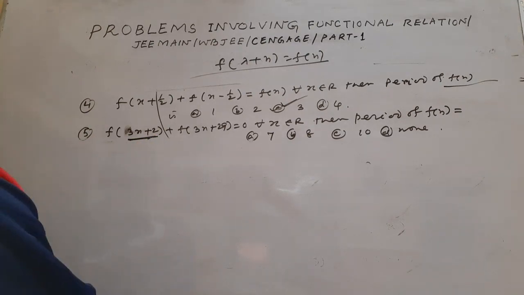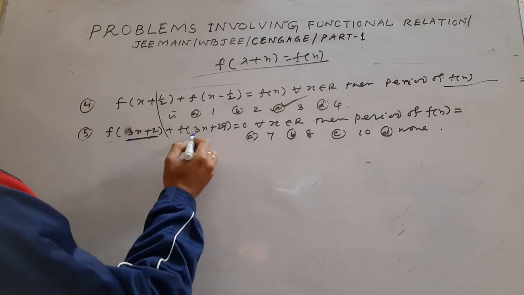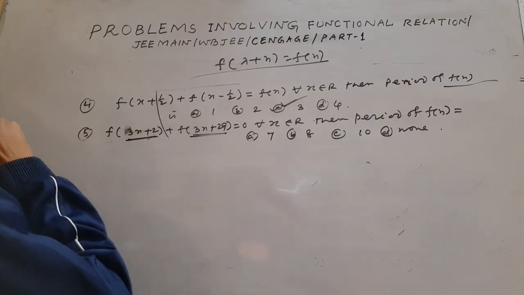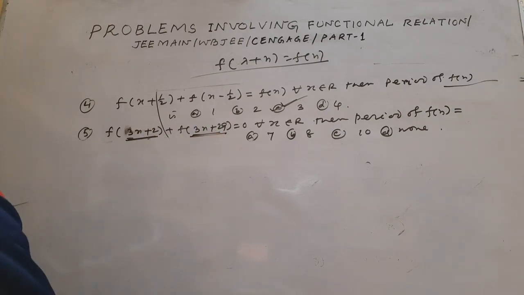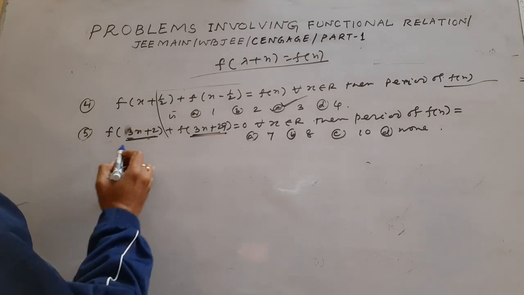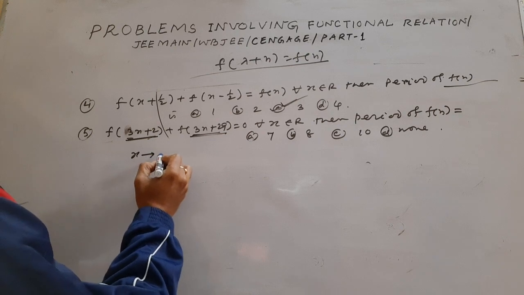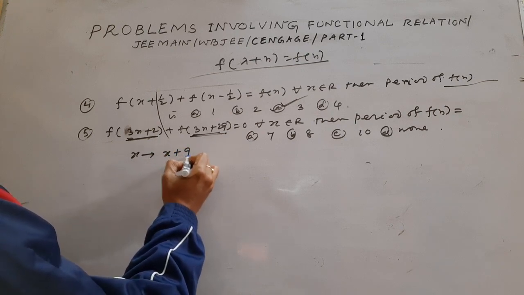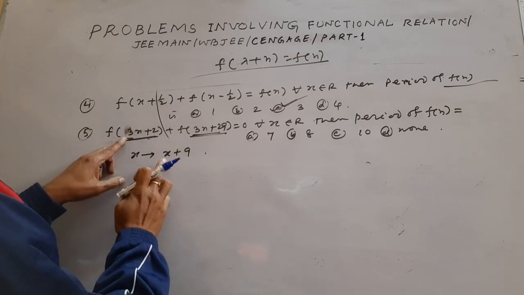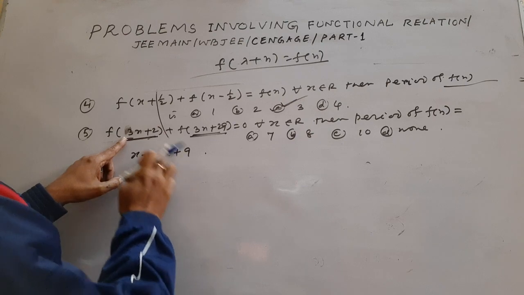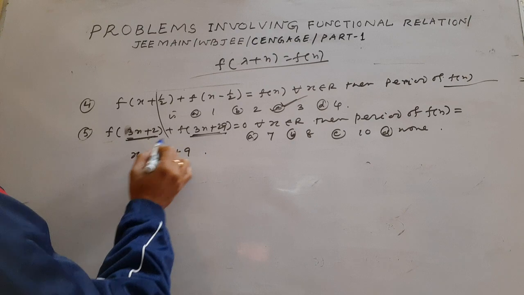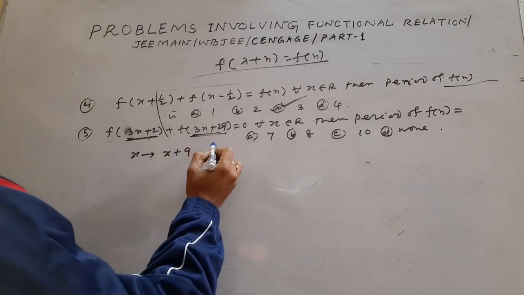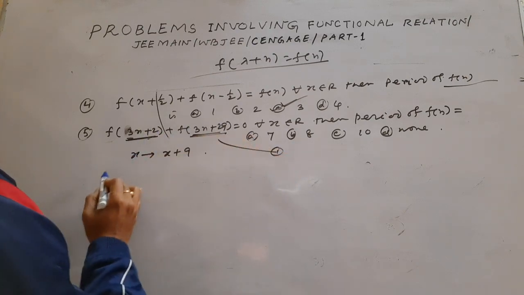Now we want to get this relation, so we replace x so that we get it. If we put x by x plus 9, we get 3x plus 27 plus 2, that is 3x plus 29. Replacing x by x plus 9, this is our relation number 1.